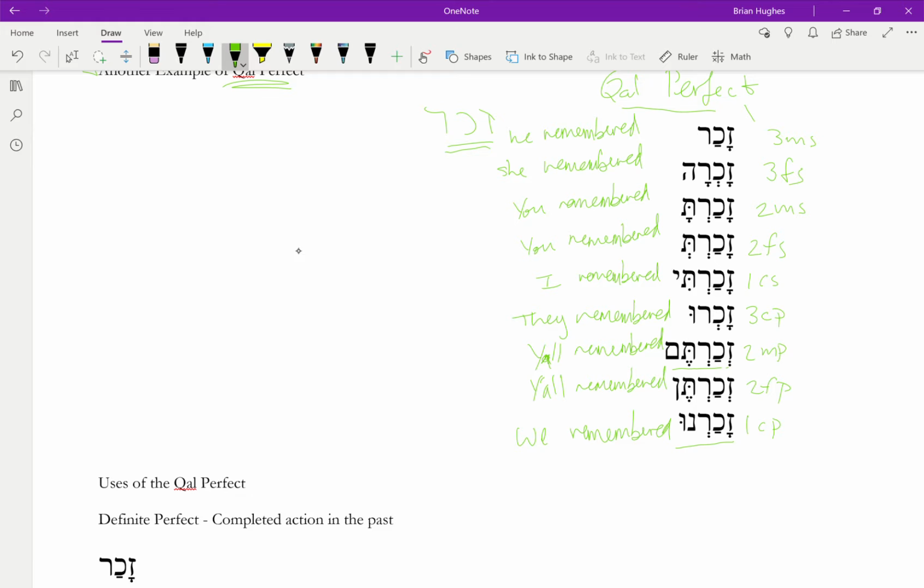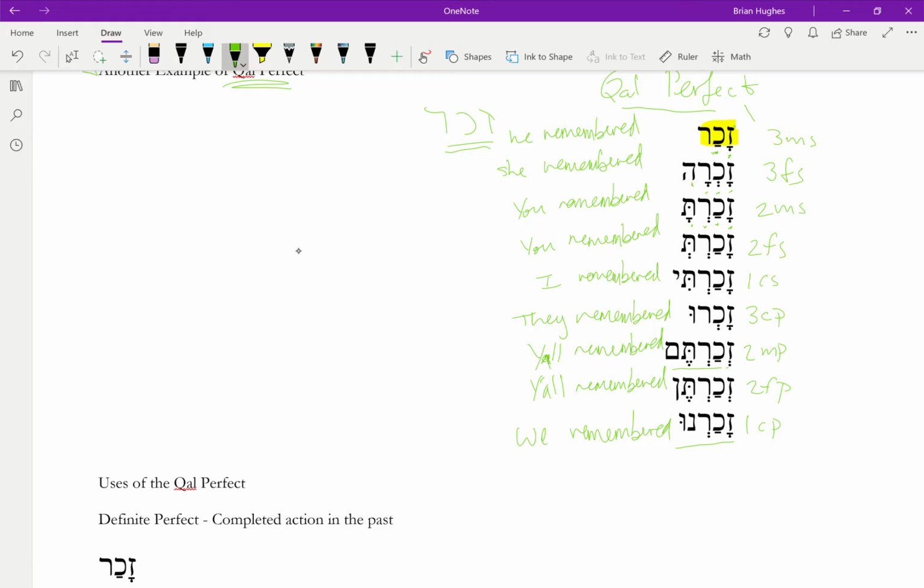Okay, so here, I probably should have put these side by side, but here we can see a different root, different three root consonants, but you've got this pattern, and this is what the pattern is showing you, of the vowel pointings and the suffixes.